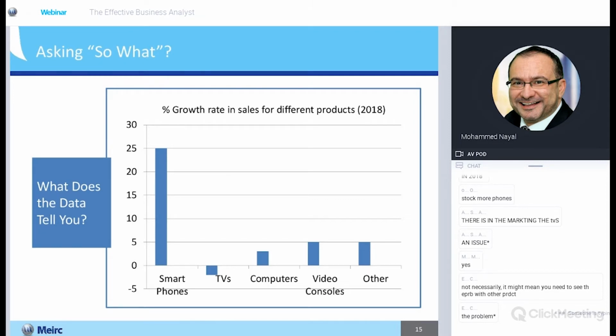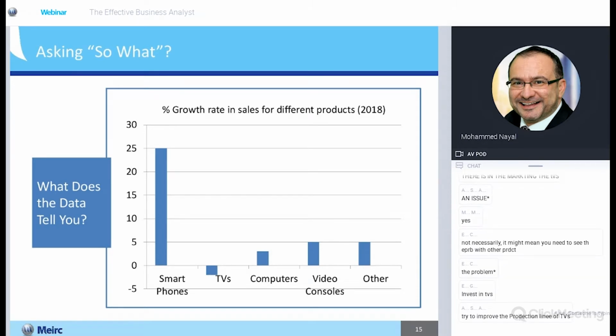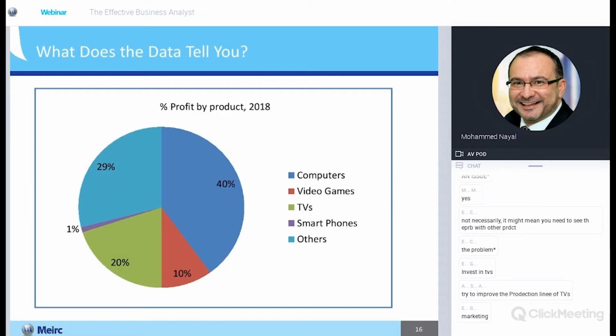Now remember this data. This says that smartphones grew by 25%. You should really focus on smartphones. Let me give you the next page and actually see what this data tells you. Look at this information now. What does this information tell you?